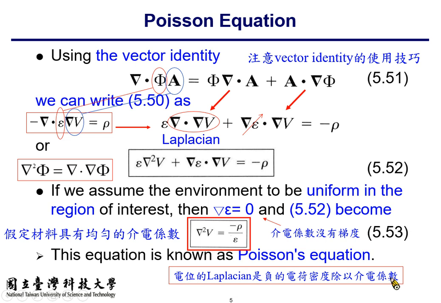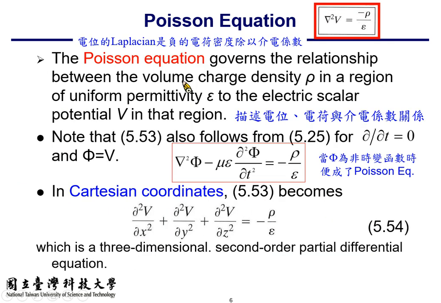So the Laplacian of the electrical potential is the negative of the electrical charge density at that point, divided by the permittivity epsilon. So the Poisson equation governs the relationship between the volume charge density rho in a region of uniform permittivity epsilon and the electrical scalar potential V in that region.